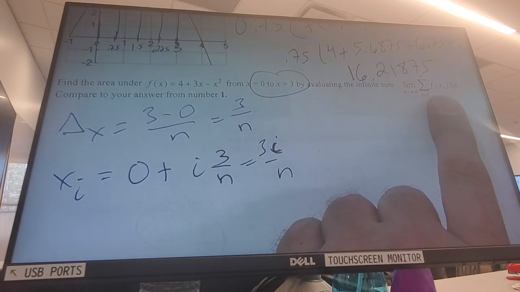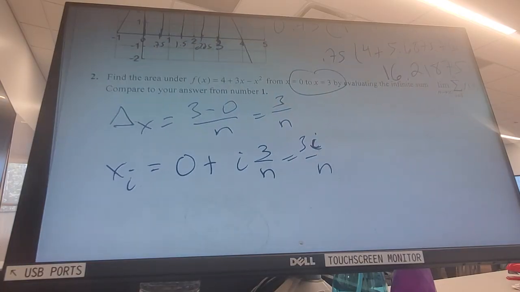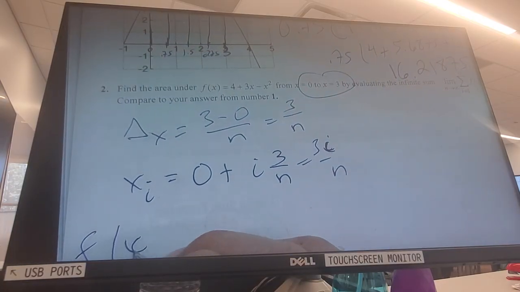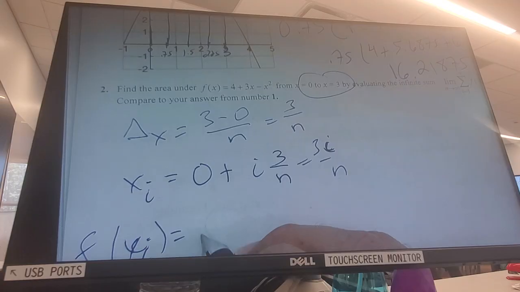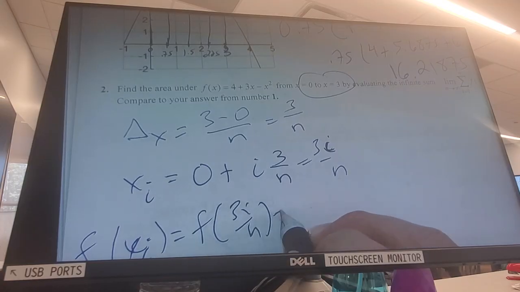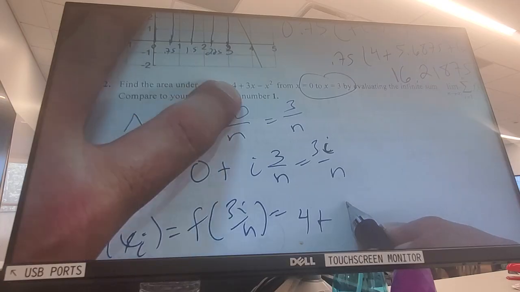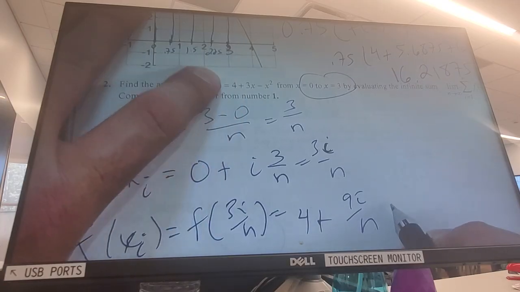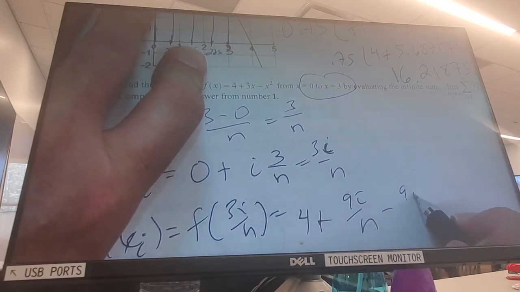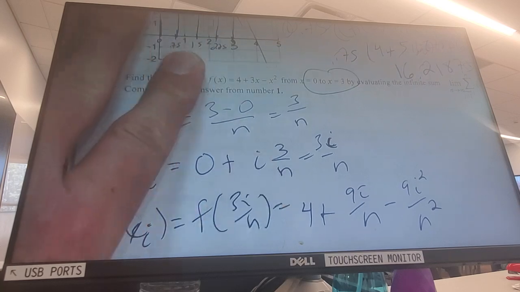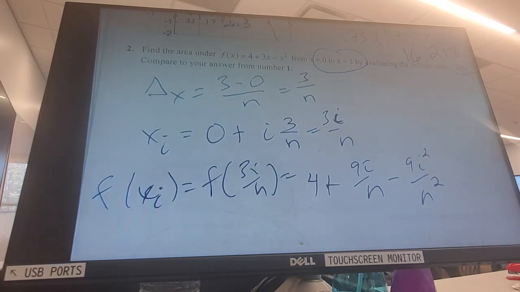Yeah, plug it into your function. So I've got to plug in 3i over n. So therefore I would get 4 plus 3 times 3i over n minus 3i over n squared. Is that cool? Just plug in 3i over n.